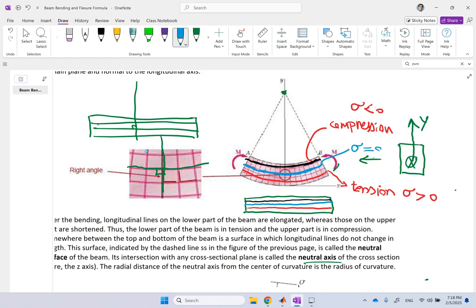That axis is what we call neutral axis in 2D, and in 3D, if you draw this in 3D, of course, that corresponds to a surface, correct? That blue curve in 3D corresponds to a surface like this.